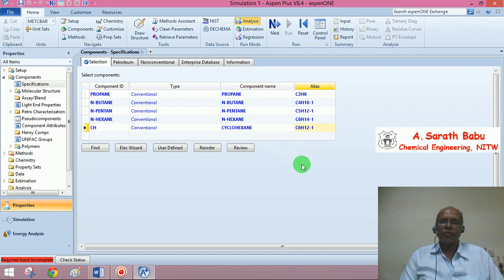Right. So having specified the components, now go to the next input screen, choose a property model.